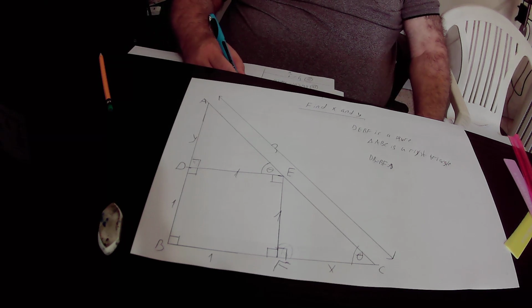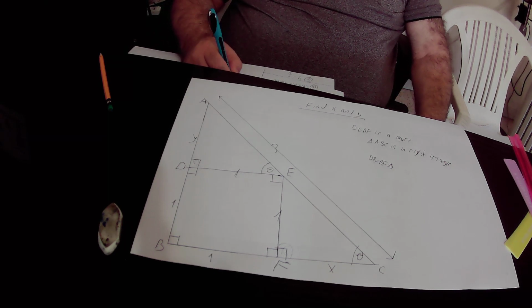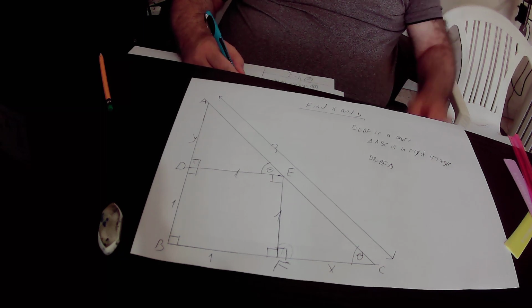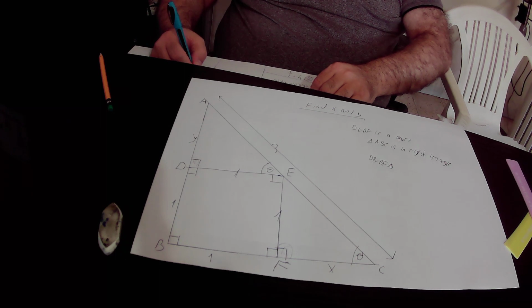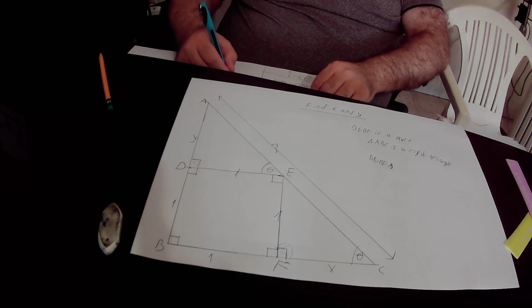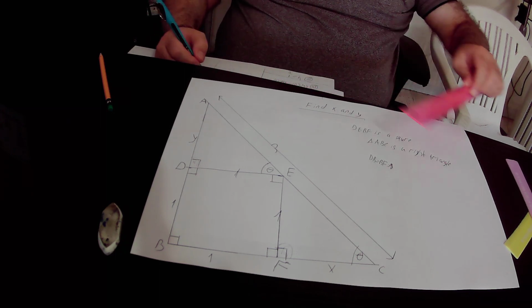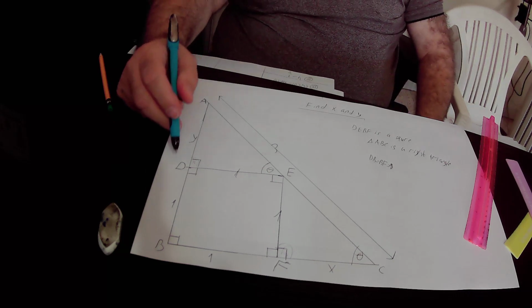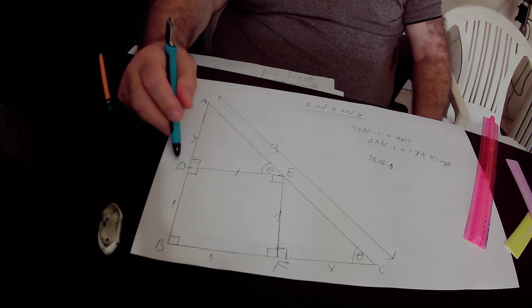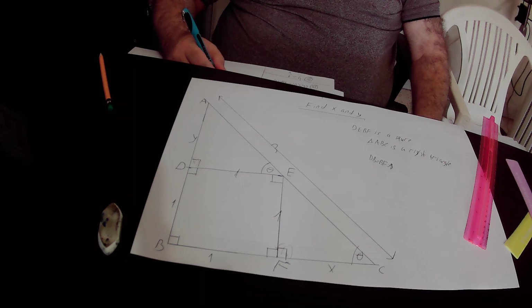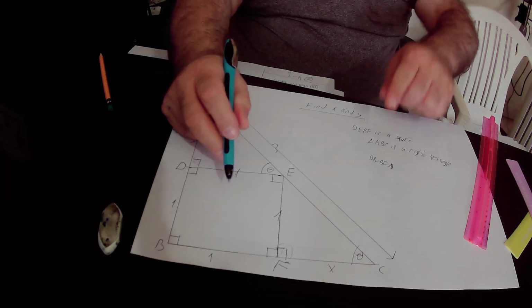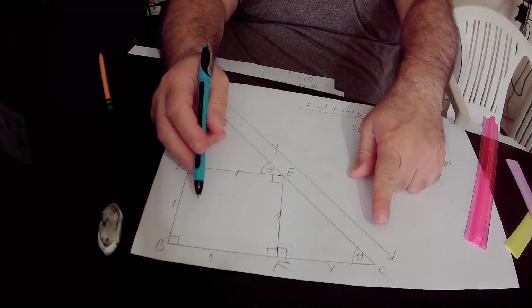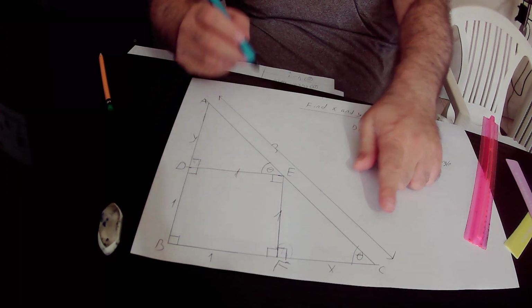3 squared is 9. 9 equals AB squared. AB equals y plus 1, therefore AB squared will be equal to (y plus 1) squared plus BC squared. BC equals x plus 1, so BC squared will be equal to (x plus 1) squared.